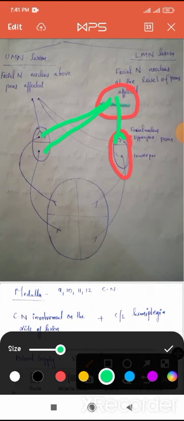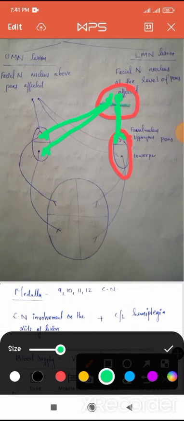So from the nucleus above the pons, one fiber is coming to the same side facial nucleus, into the upper part. Now see, two fibers are going to the opposite side. One is going to its upper part and one is going to the lower part.